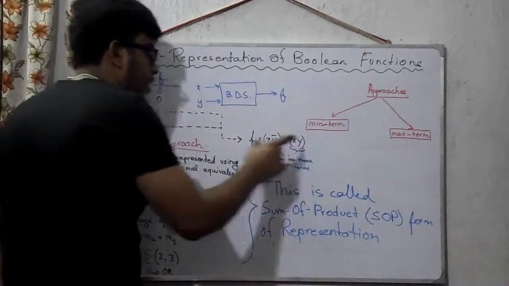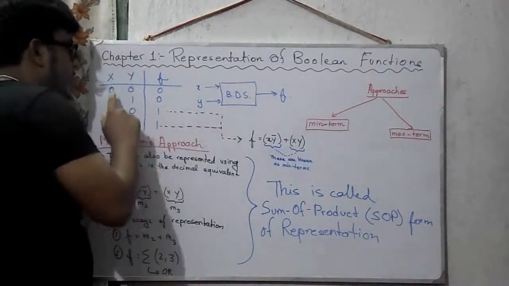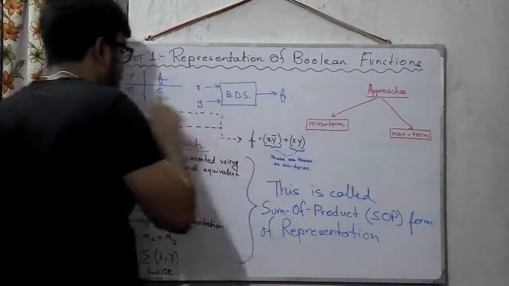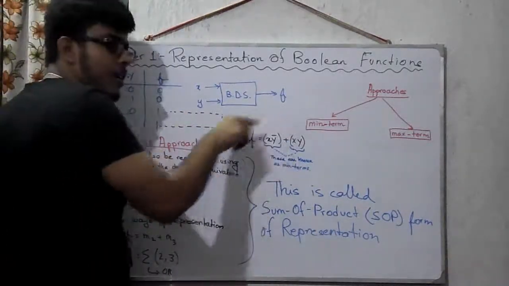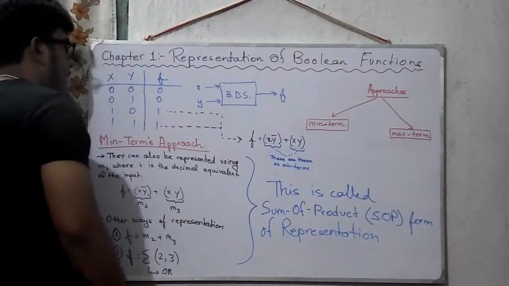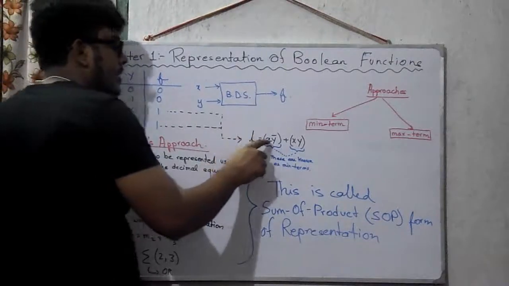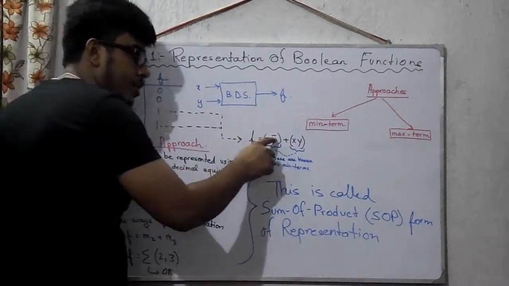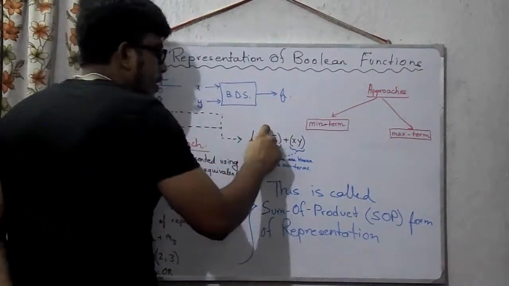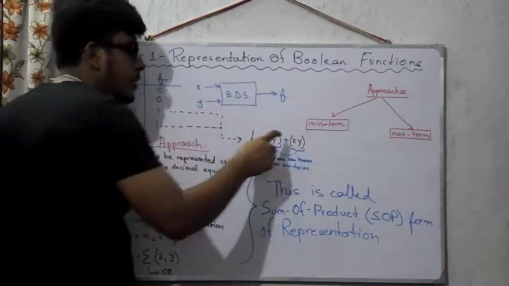This is the representation of the function depicted using the MinTerms approach. That is the equivalent function of this truth table. If we send any combination of zeros and ones into this circuit, we get the desired result. For example, if x is 0 and y is 0, then y complement becomes 1, so x y complement becomes 0, and xy is also 0.